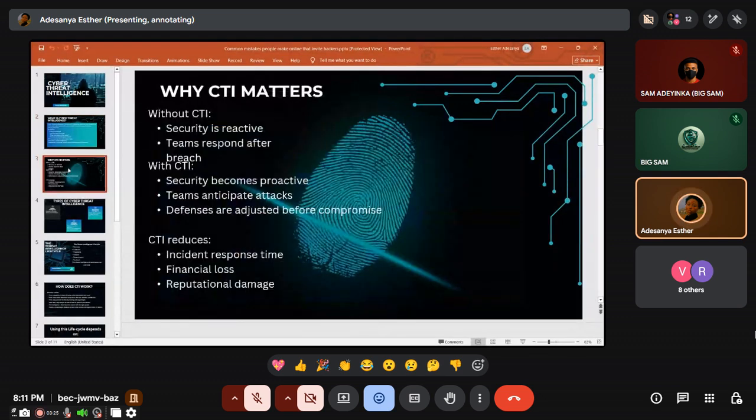And why does CTI matter? Without CTI, in security, everything will be reactive. You see an alert pop up before anything can be done, and it delays the response time, meaning the team has to respond after a breach.